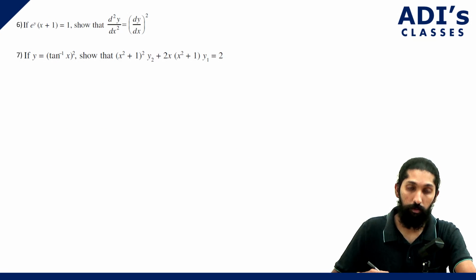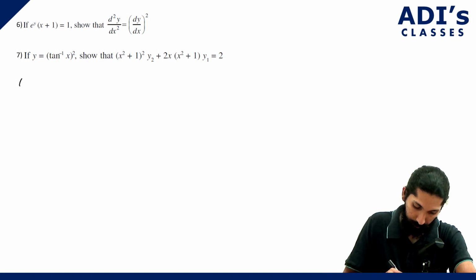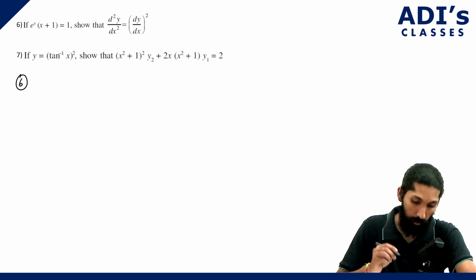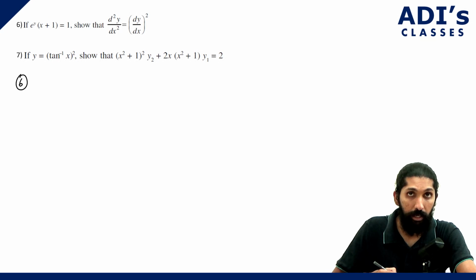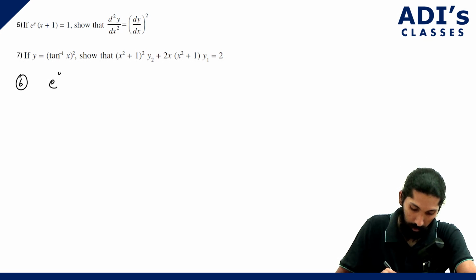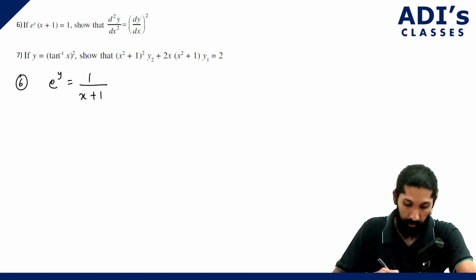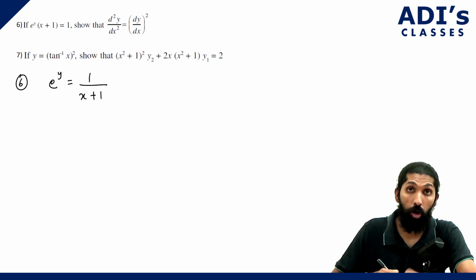See, now the next one, if you look at it, e power y into this, you need to show it, correct? First, what you do, you can take e power y is equal to 1 divided by x plus 1, correct? There is an easier way, taking log.